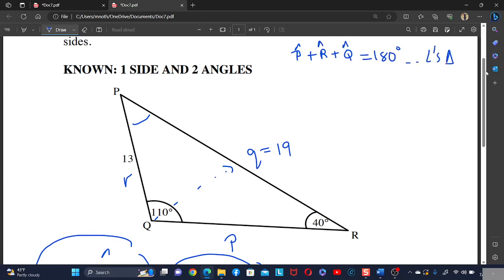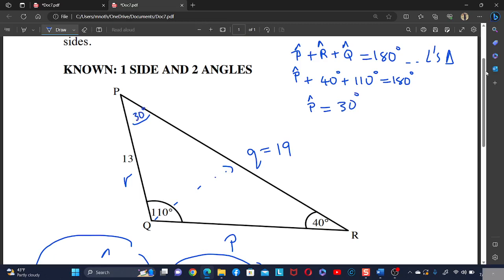So angle P plus 40 degrees plus 110 degrees is equal to 180 degrees. From here, angle P is equal to 180 minus 150, that is 30 degrees. So P is 30 degrees.